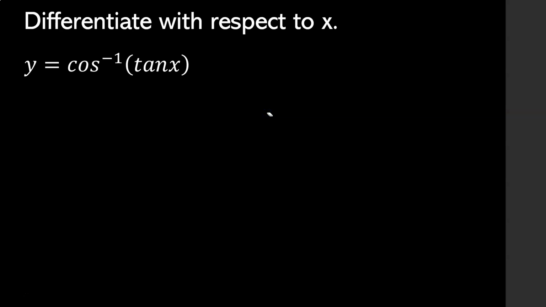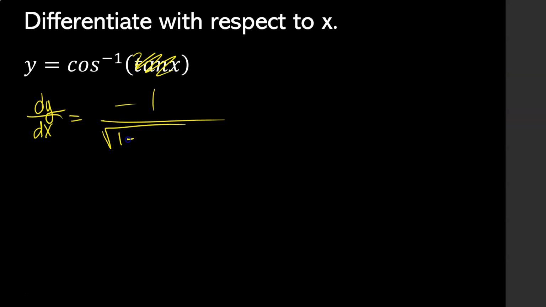You know, repeated reasoning always helps. So again, we're using inverse cosine as this outermost function we have to deal with first. And the derivative of inverse cosine is -1 over the square root of 1 minus the input squared. What input? Oh yeah, tangent. That's not a plain old x.